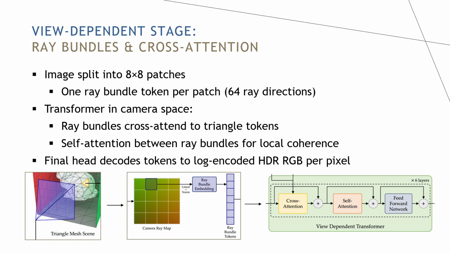The view-dependent transformer runs in camera coordinates, uses cross-attention where ray bundle tokens attend to triangle tokens and register tokens to decide which triangles contribute to those rays, then uses self-attention between ray bundles to share information between neighboring patches. Finally, a dense vision transformer head converts these features into log-encoded HDR RGB values for each ray, which are then decoded to produce the final image.